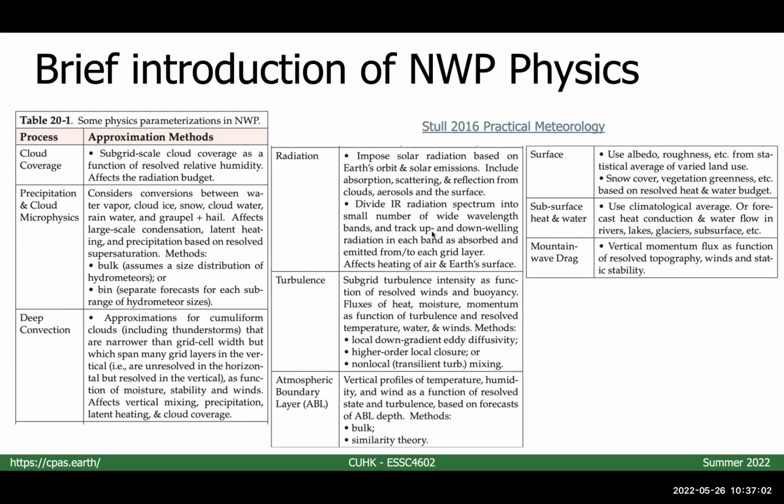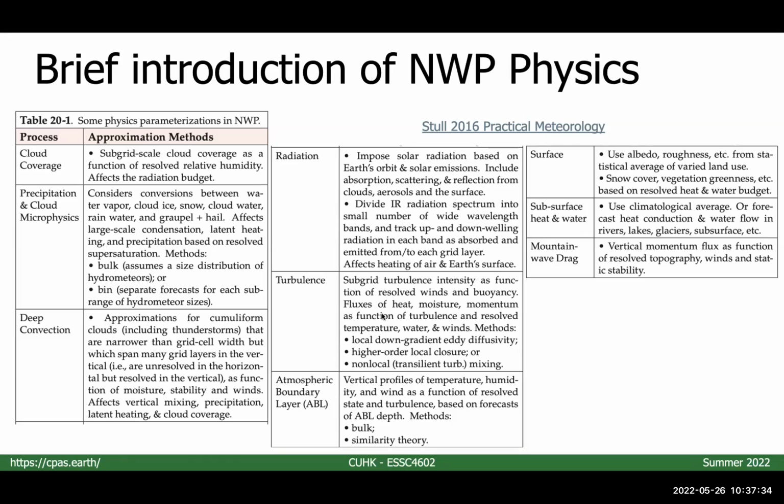And then you usually see a long wave radiation scheme and a short wave radiation scheme, and it will affect heating of the air and the Earth's surface. Usually the choice is quite standard. There is one scheme that many people use. So you use that choice, and we don't go into detail of it.